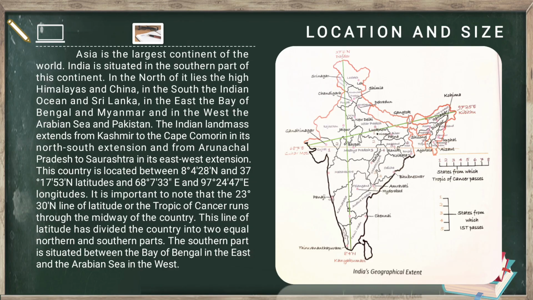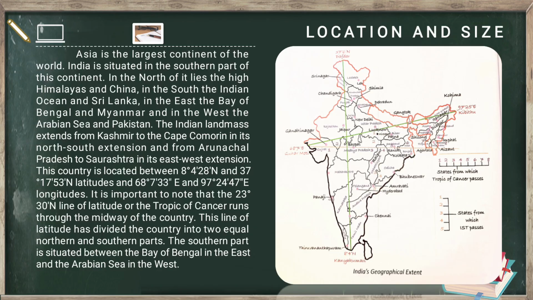It is important to note that the 23 degree 30 minute north line of latitude is the Tropic of Cancer. See the red line on the map, this is the Tropic of Cancer, and it runs through the country midway. That means half this side, half in the southern part.